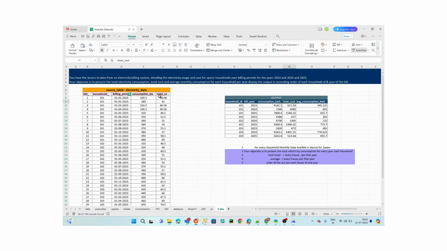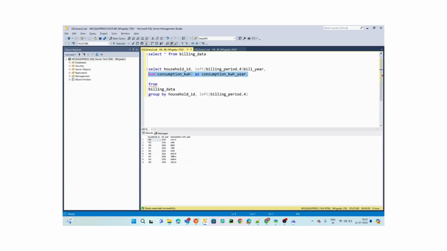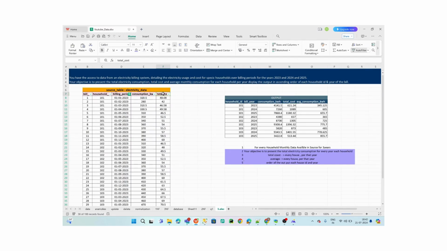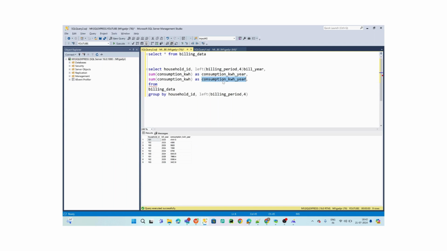Total cost also we need to do the same way: sum of total cost, and total cost is the column name. Total cost for that particular year. Let me run now. Now I got this. For that year, what is the total cost?